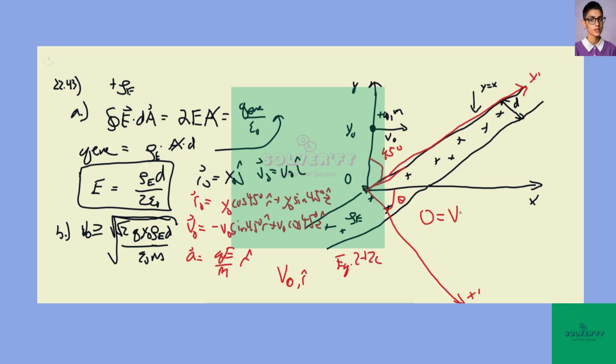So we have 0 equaling v r squared minus 2a times r minus r naught, and this equals v naught squared over 2 minus 2q over m times rho e d over 2 epsilon naught, just plugging in what our E is for our acceleration here. And now we just plug in the differences in r vectors, and this is y naught over root 2 minus 0.